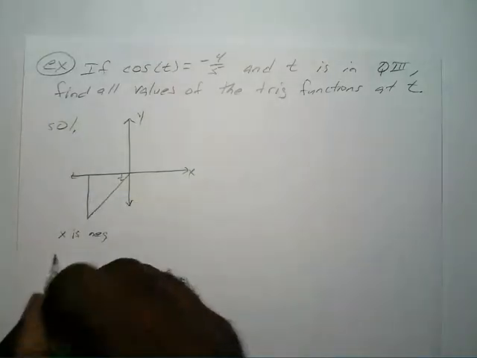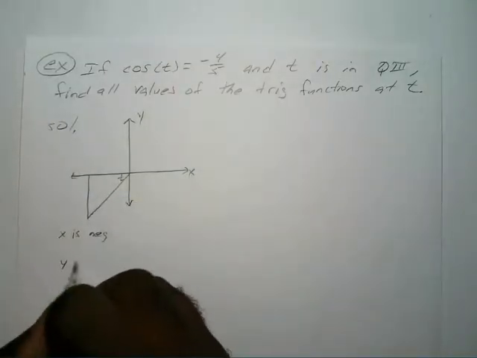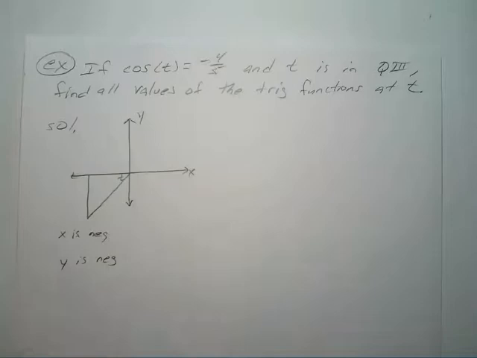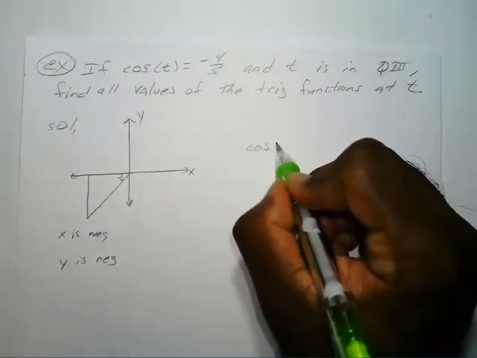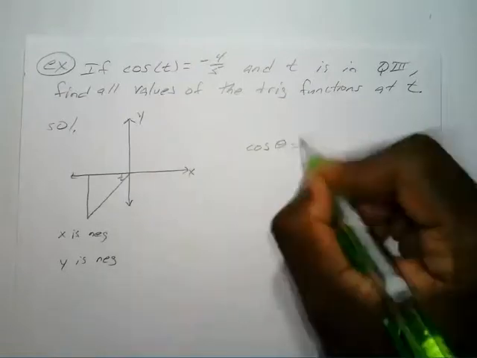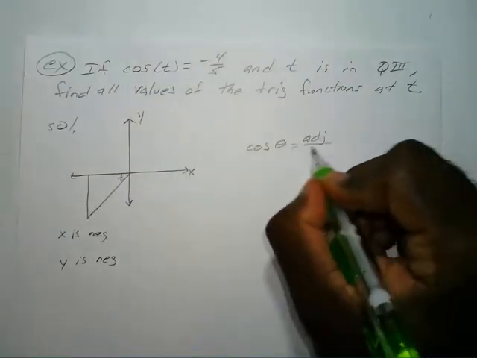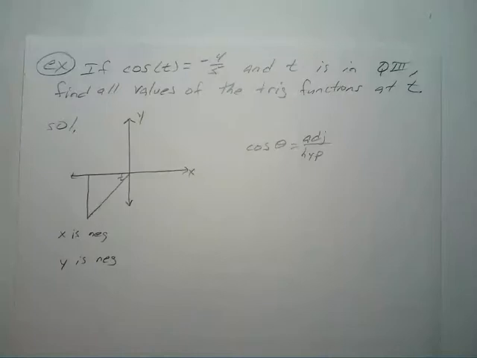And we know that our Y value is negative. That still doesn't help us out, but we can still figure it out. You know that cosine is adjacent over hypotenuse. How does that help us?